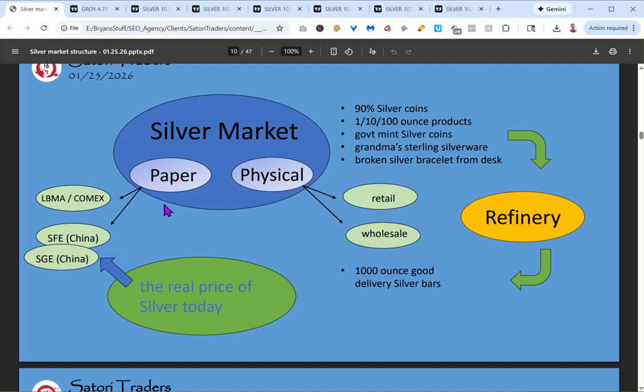So I want to make this point and make it clear. In my opinion, the real price of silver today is the cost to get physical silver into your hot little hands. And so in my mind, that is the Shanghai Gold Exchange, the cost of physical silver at that exchange. That's the real price of silver today.